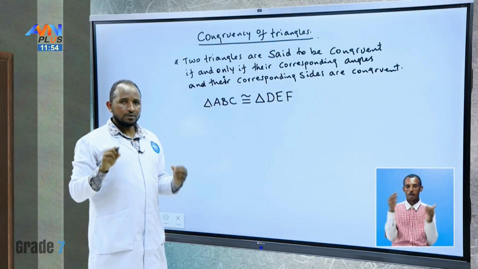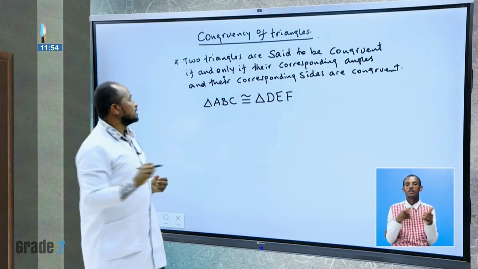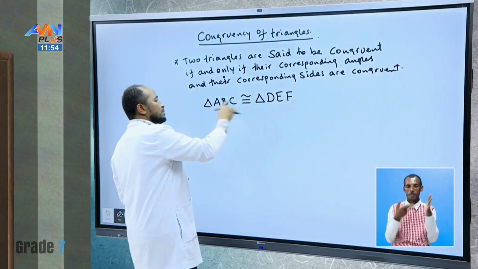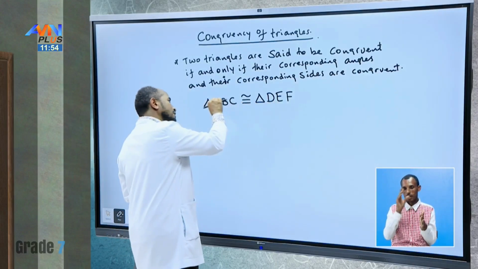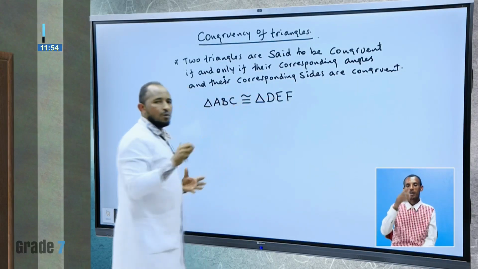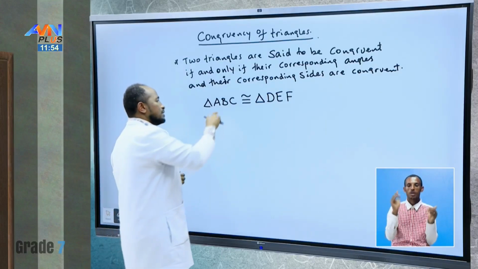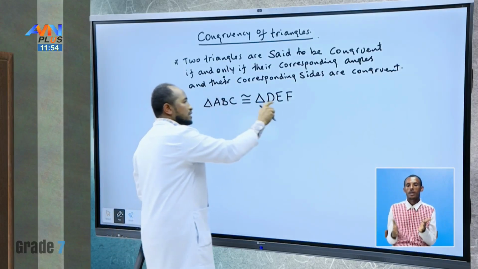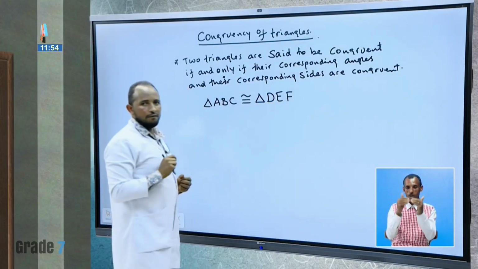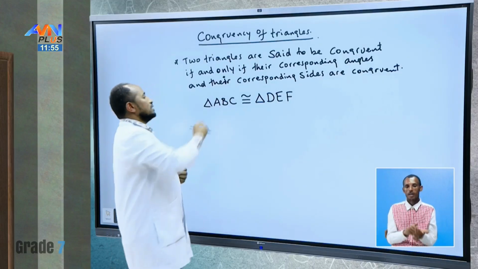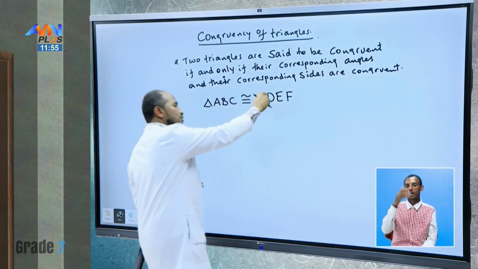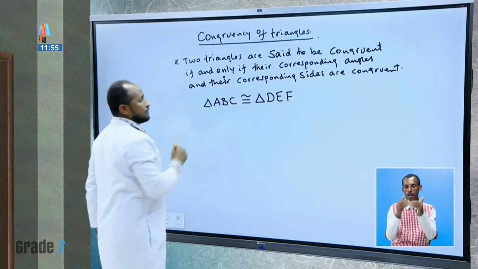The corresponding side for AB is DE. Length AB and DE must be equal. Again, side BC must be congruent to side EF. Again, side AC is congruent to side DF.